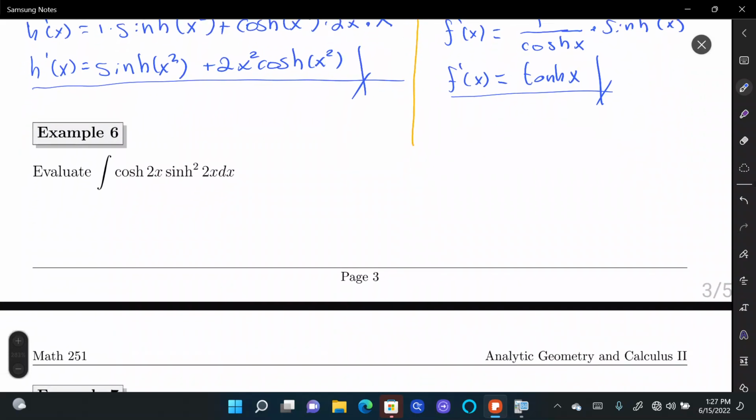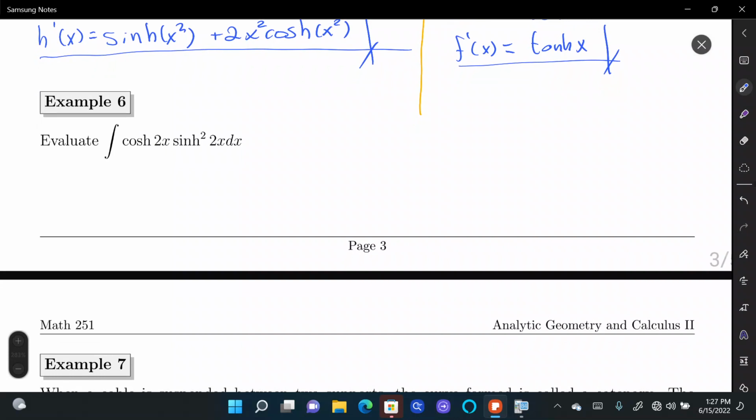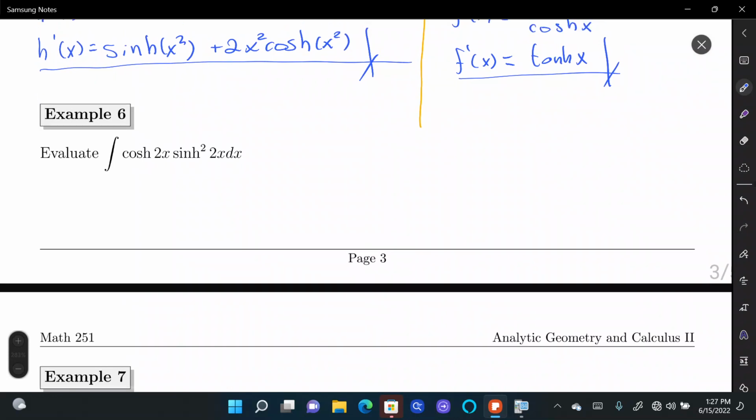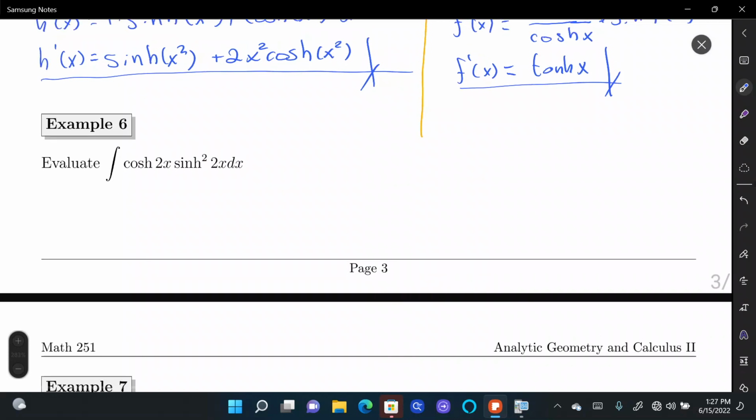All right, let's do an integral. So we have the integral of cosh x times sinh squared x with respect to x. Any ideas on how to go about this integral? Use substitution. So in this case, which one would be the u? The sinh.